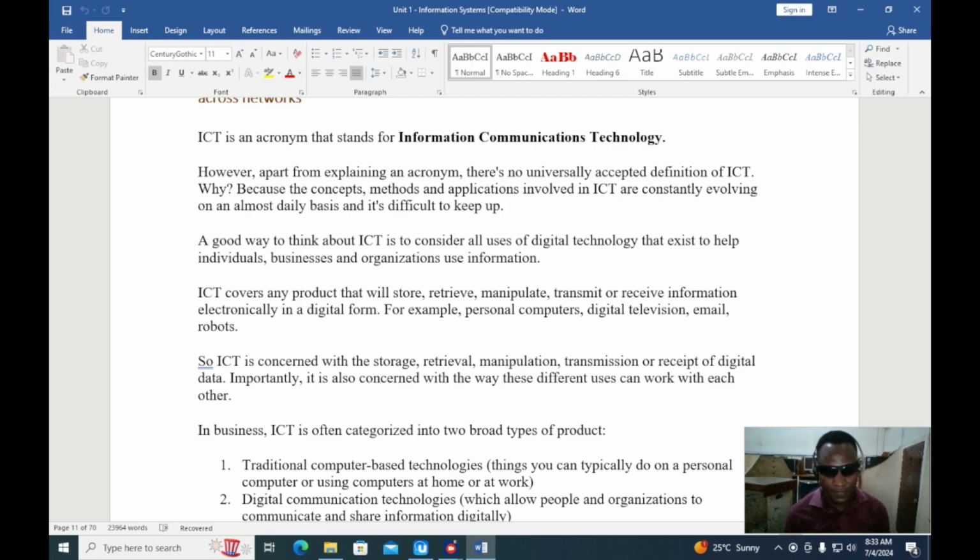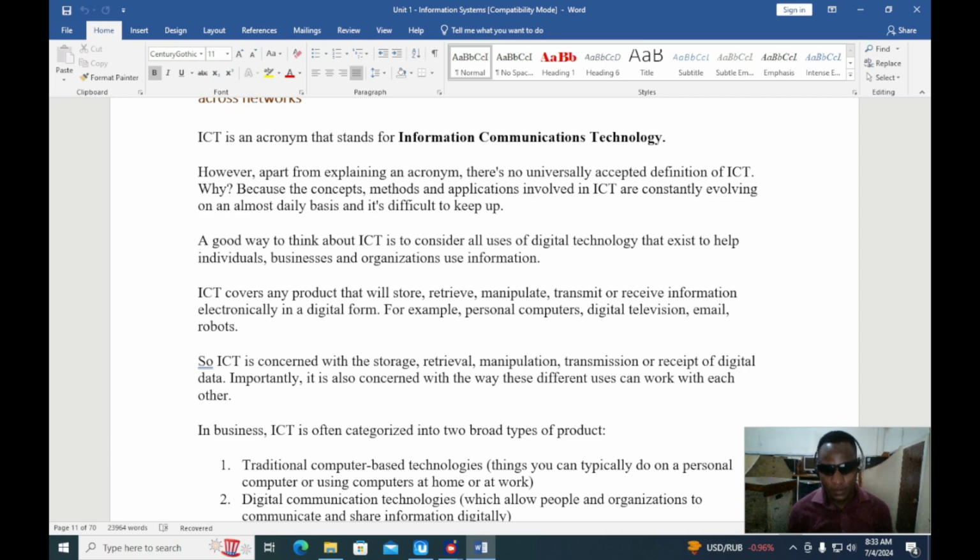But the best way is to look at ICT as all the digital technology in existence that helps individuals, businesses, and organizations to use information.